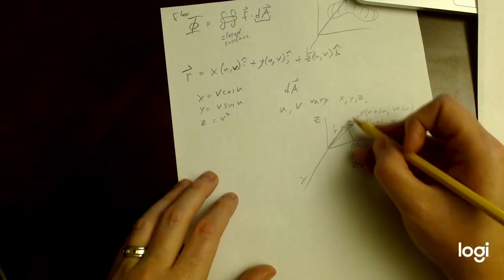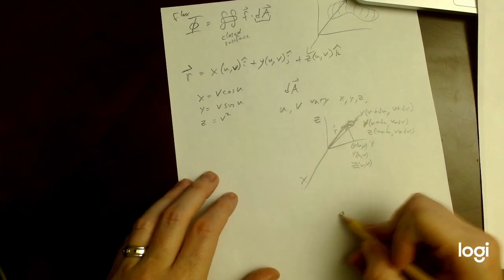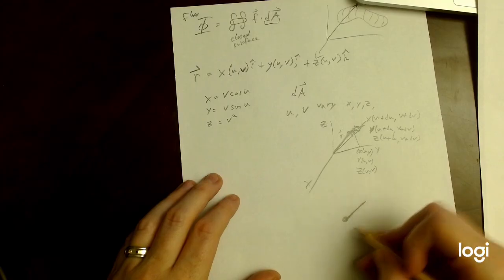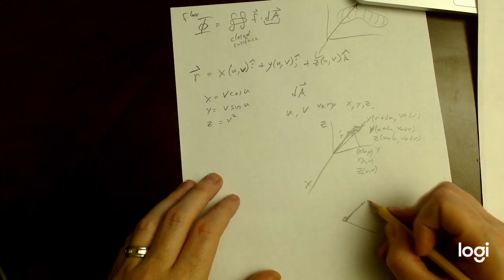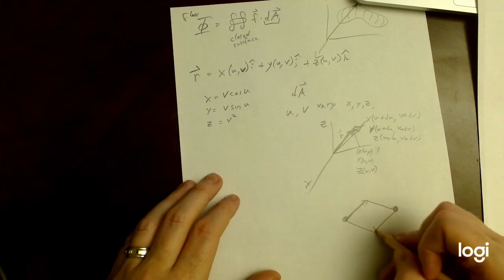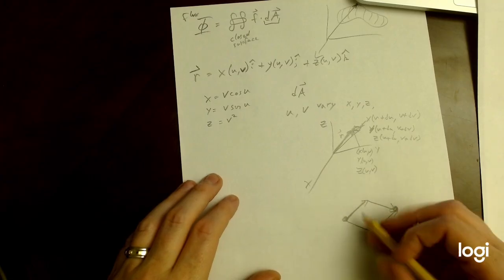If I zoom way in on what I just did, here's that original point, and I can draw out this little patch of area and think about the path that I took to get there.